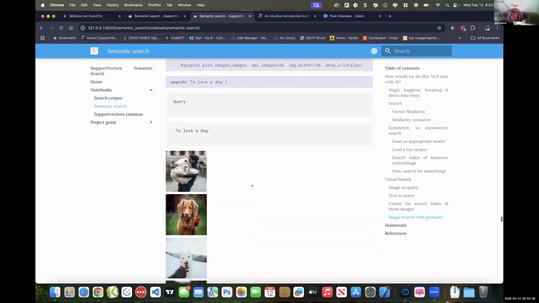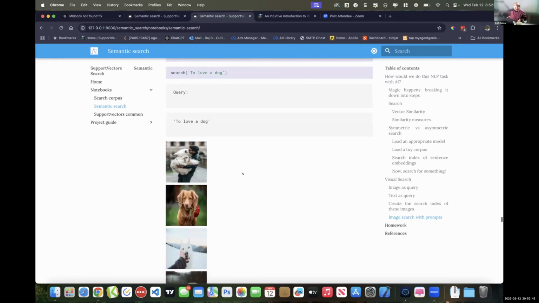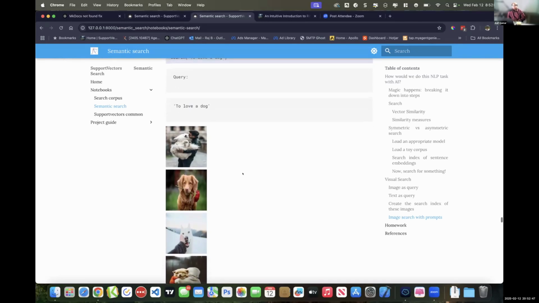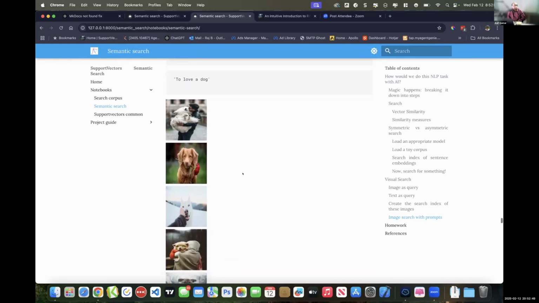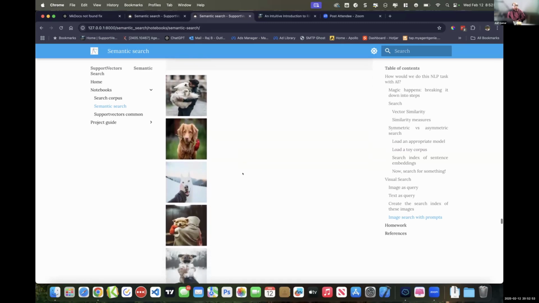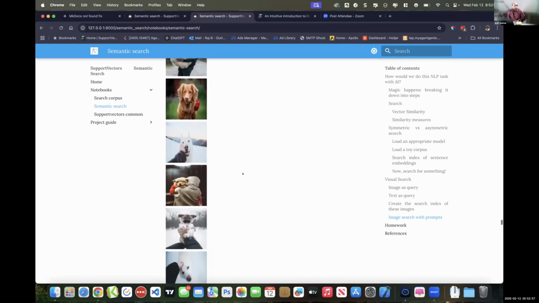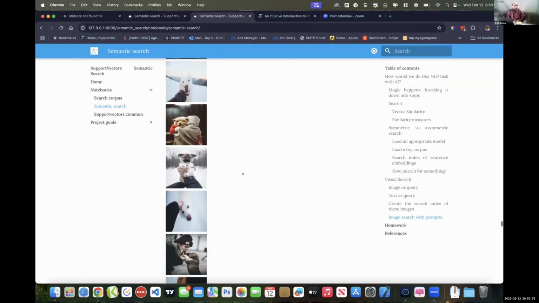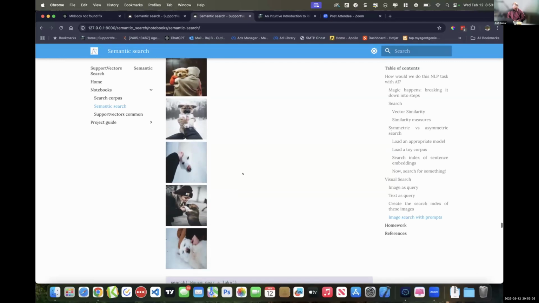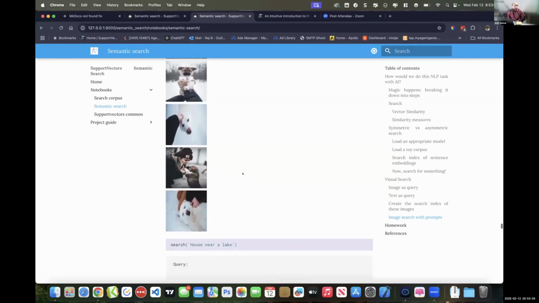Now, if you search with the phrase to love a dog, observe that it hasn't just brought pictures of dogs. If you look at these pictures, you will see people in the act of loving a dog, or a feeling of love in these images. And that's the most remarkable thing that you can achieve with multimodal semantic search.